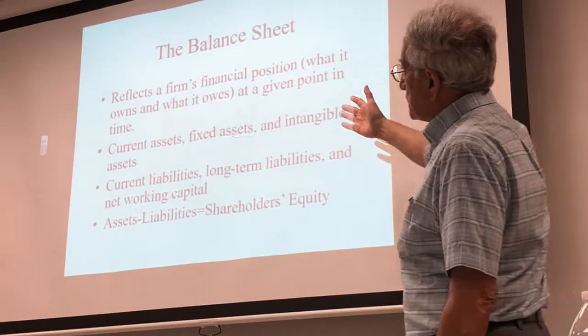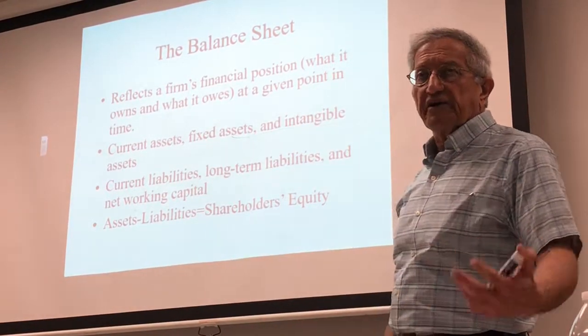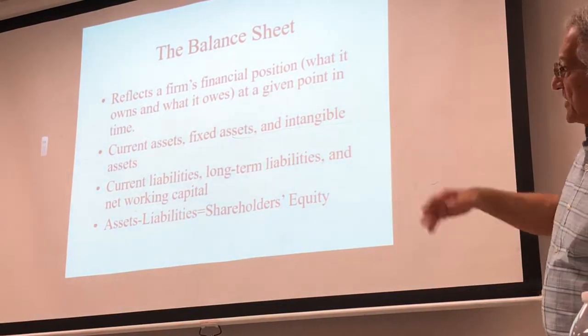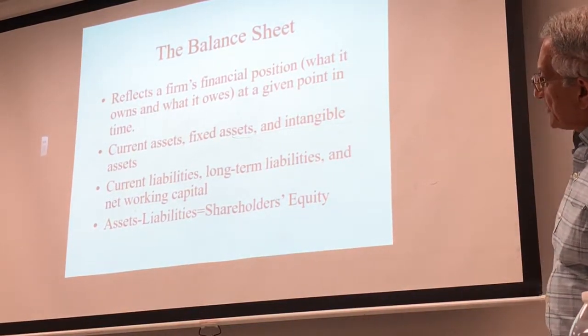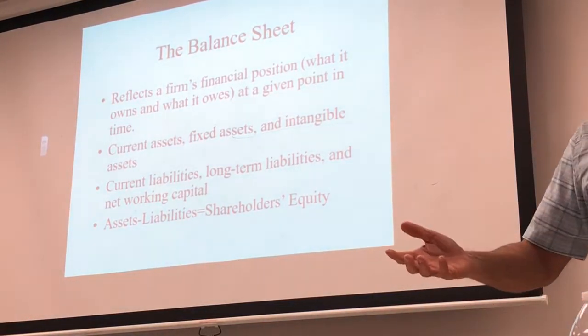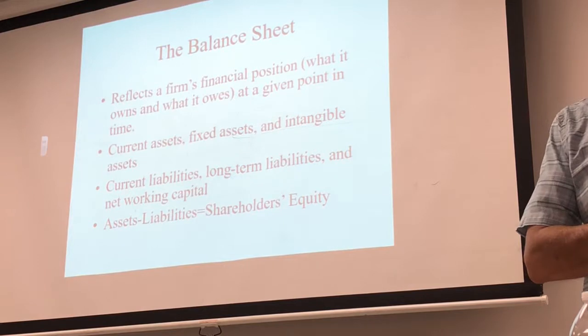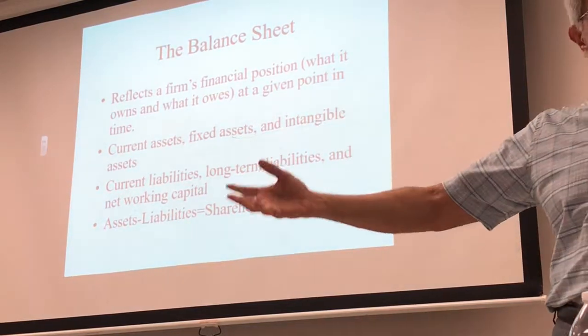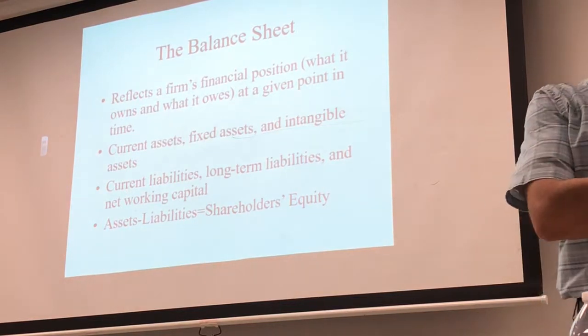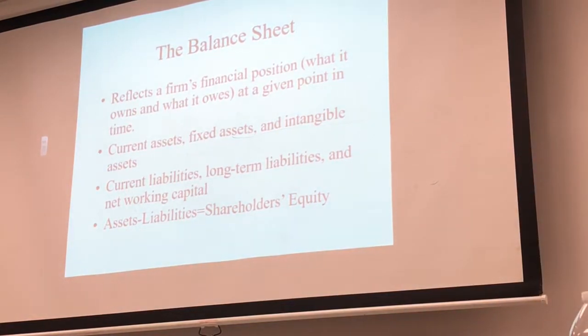Here is something that you want to know. So if you have to define what a balance sheet does, a balance sheet reflects a firm's financial position, what it has and what it owes. What it has shows up on the asset side. What it owes shows up on the funding side, the right-hand side.